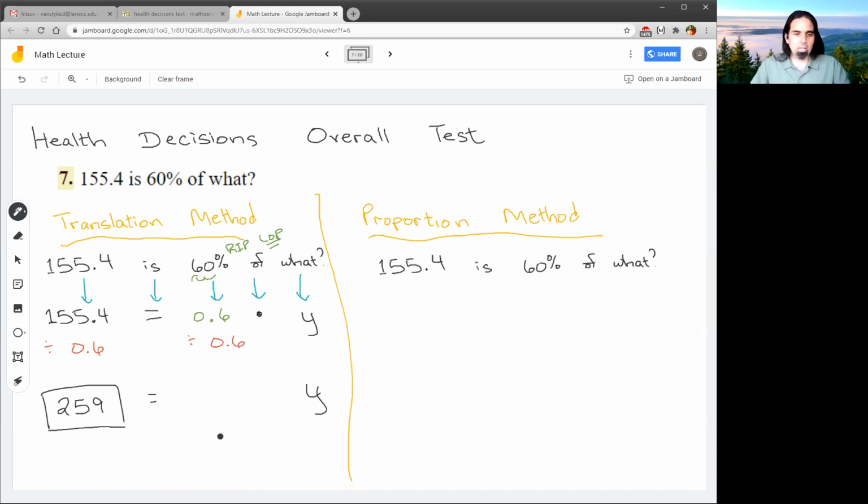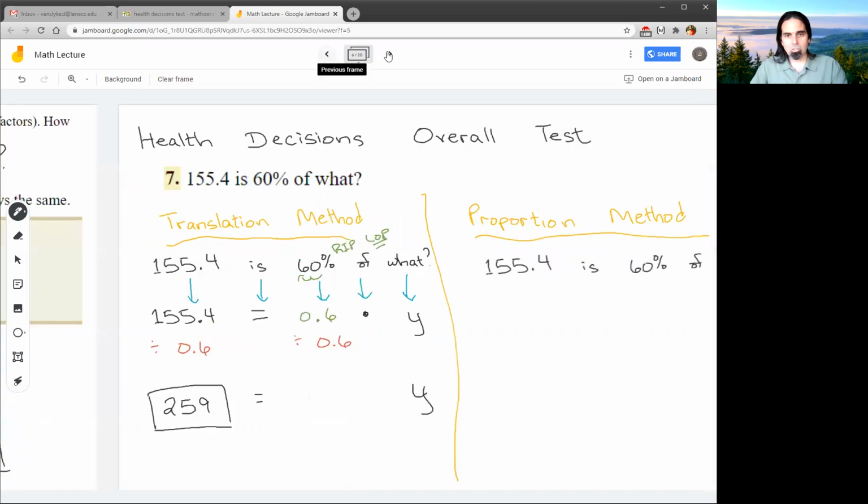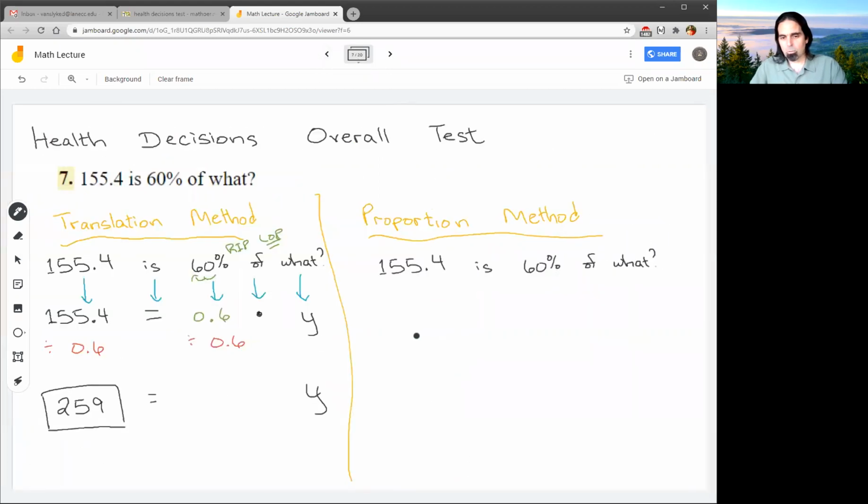So that made some people happy, like the translation method. The proportion method, going back to those 4 steps, and jump back to the previous slide or the spot in notes if you need. We make the proportion skeleton, fraction bar equals fraction bar.